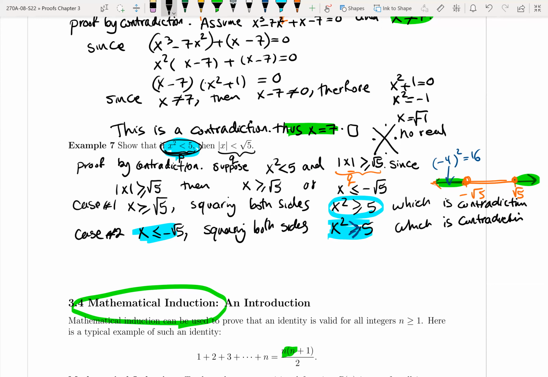Whichever case leads to your contradiction, then you have to say Q was true: the absolute value of x is less than 5.